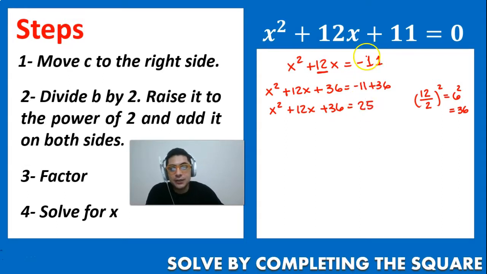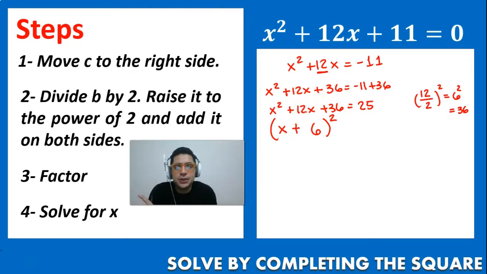Now, guys, what we have on the left, we can factor as the step 3 suggests. So what we're going to do is that, of course, we can see that this is the same thing as saying x plus 6 to the power of 2, right?